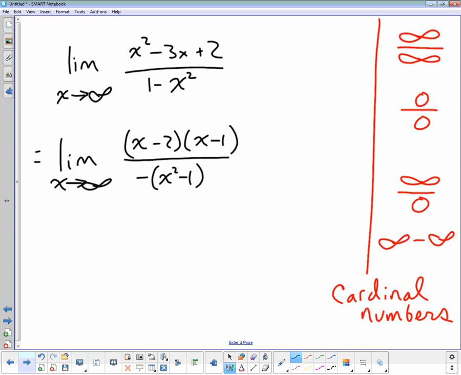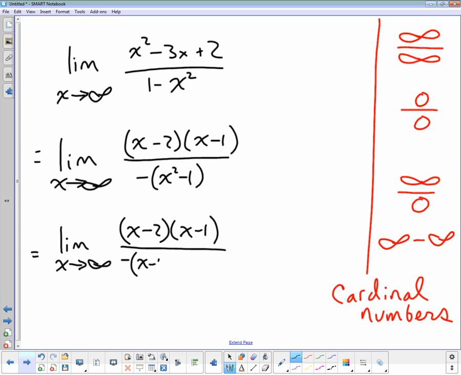But I wind up with another problem, don't I? And those guys cancel, and I have to say x is not equal to 1. And now I have x minus 2 over negative x minus 1, or something like that.